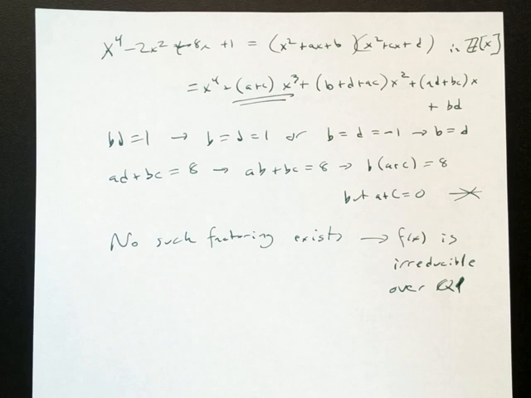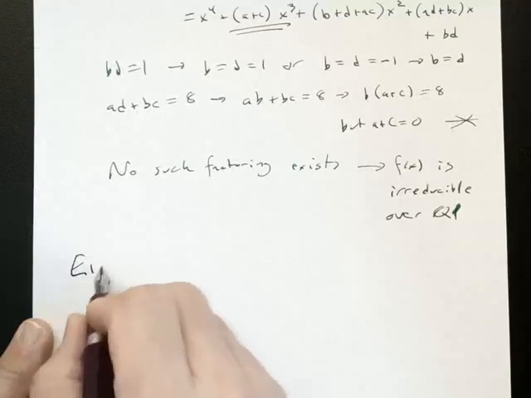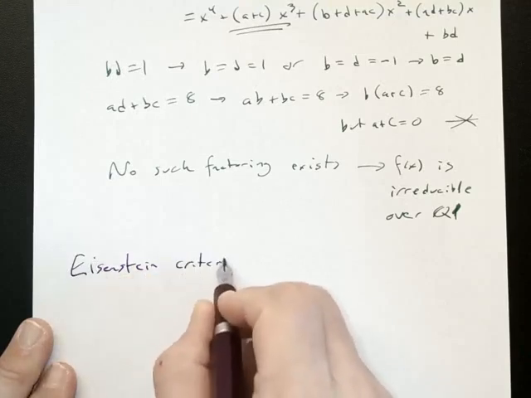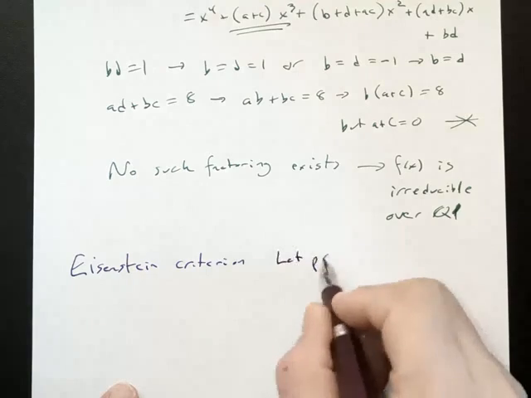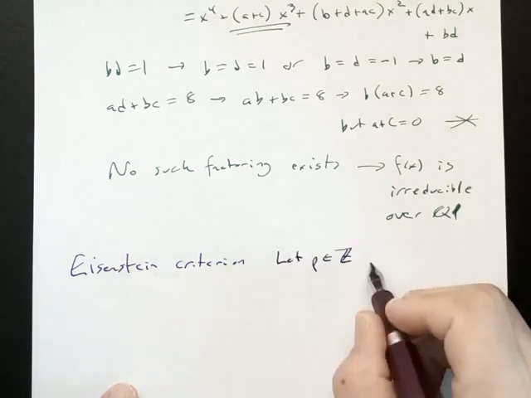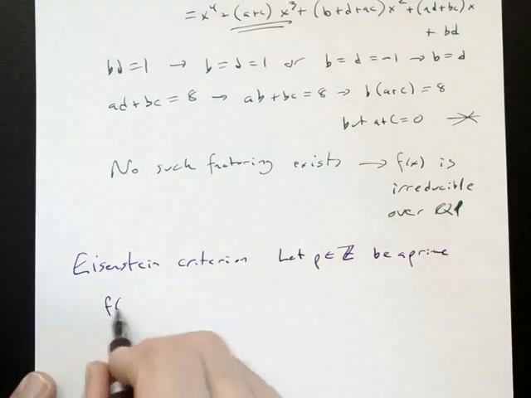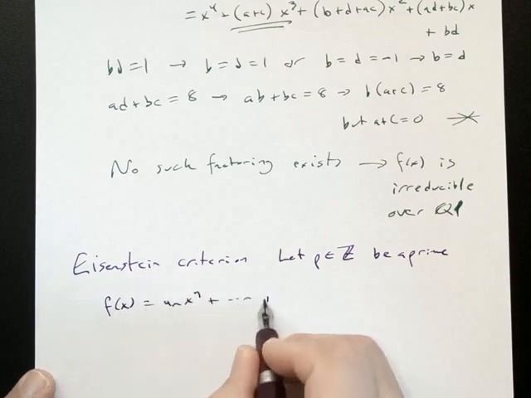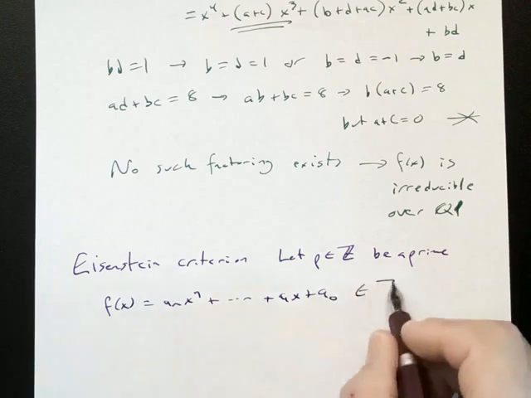And along came a guy by the name of Eisenstein. The Eisenstein criterion says, let p be a prime, and pick some polynomial whose coefficients are all integers.